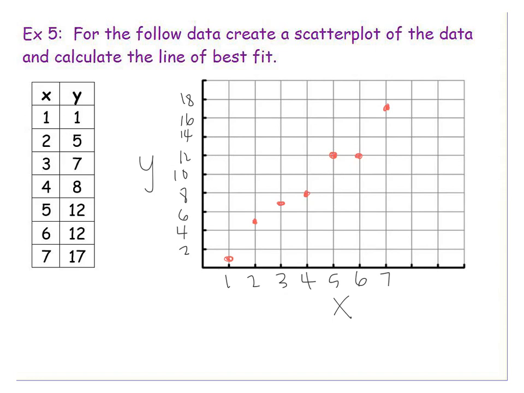To calculate the line of best fit, that's where our calculator does the work. So pick up your calculator, go to the stat button, enter to edit. L1 goes your x values, and L2 is your y values.